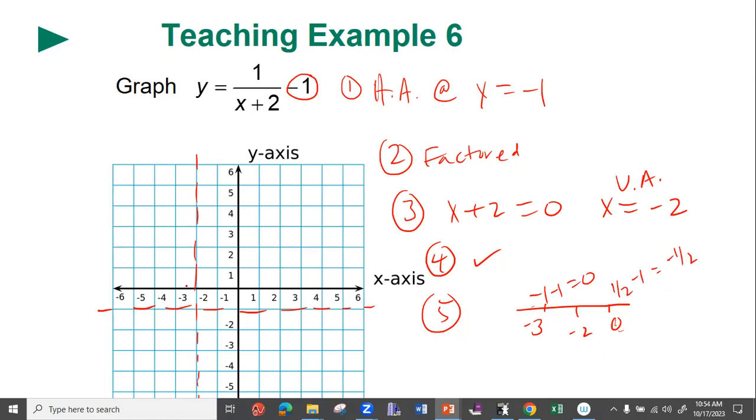So at -3, I'm at 0. At 0, am I in the right spot? -1/2. Oh, I did some math wrong. It's not what I got in my notes. What did I mess up, guys? 0.5 minus 1, isn't that -1/2?